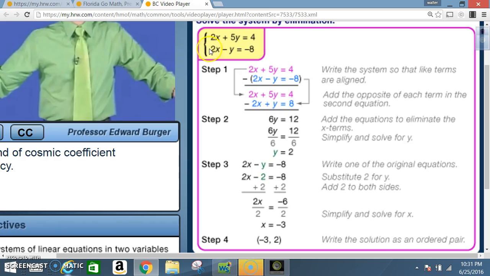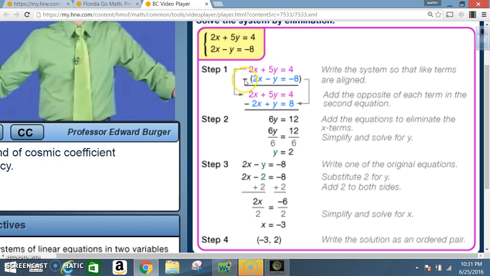So if I made this opposite, so right now it's a positive 2x. If I make it a negative 2x, I'm making it the opposite. That means everything else on this line has to become the opposite. The way you do that is to multiply the bottom equation through by a negative. So a -1, there's really a 1 sitting right there that you don't see.